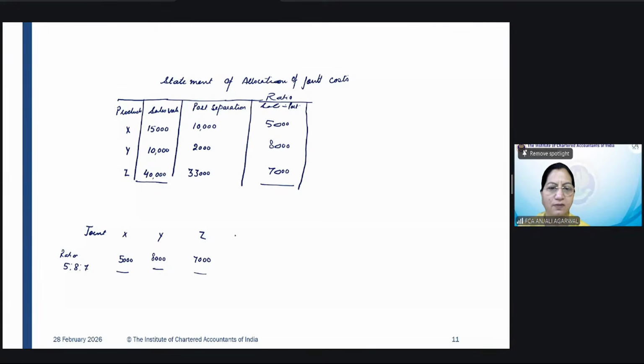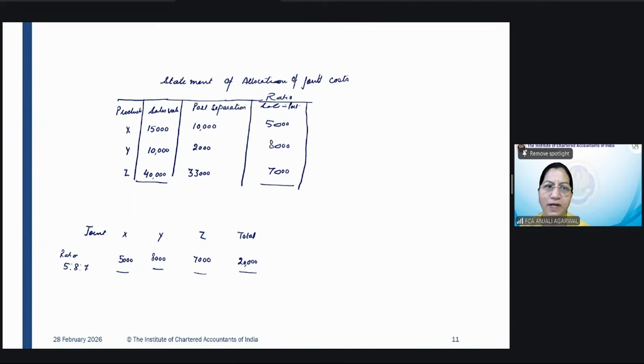Okay. So what has happened is after subtracting the post-separation cost, 5:8:7, the total will become 20,000. So 20,000 is allocated in the ratio of 5:8:7, and the total is also 20,000.